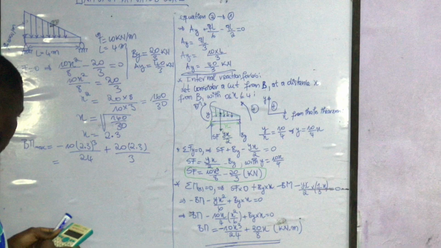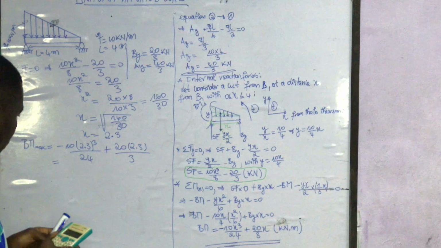You substitute directly x by its value in the equation. Okay, so you have the maximum bending moment. Making the numerical application, divided by 24, 5.1.